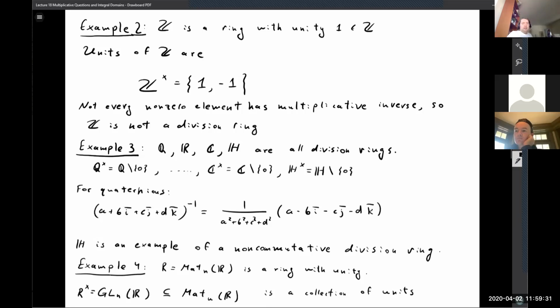Now, in example 2 and example 4, you might notice a certain pattern. That this thing is actually a group, and is isomorphic to Z2 as a group.